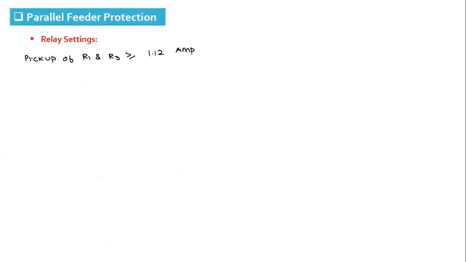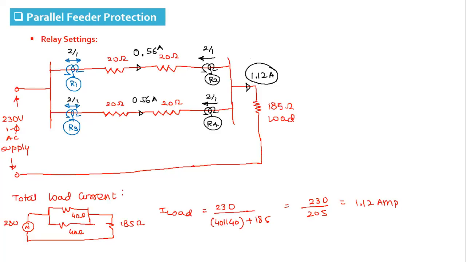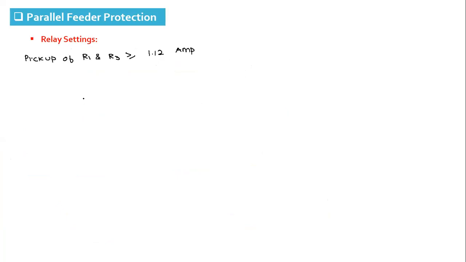This we have to take as total load current. I am again repeating, because if feeder 1 trips, the total load will be transferred on the other feeder, and if you only consider half of the load while relay setting, that relay will also trip in this case. Okay, so this is what we have to take care of.